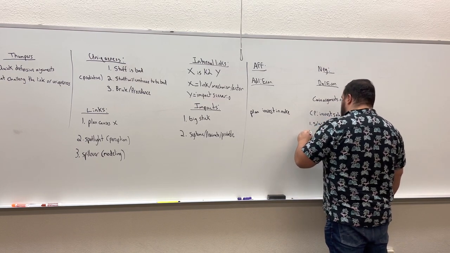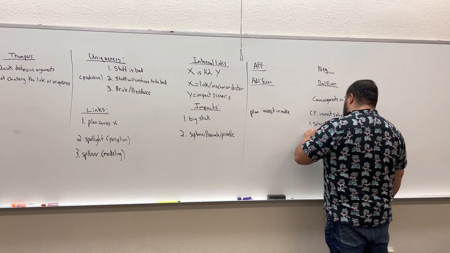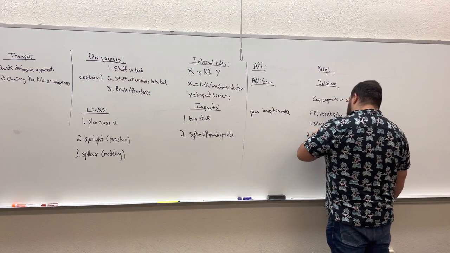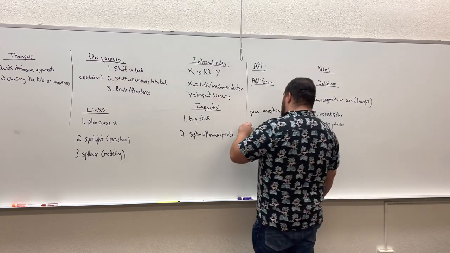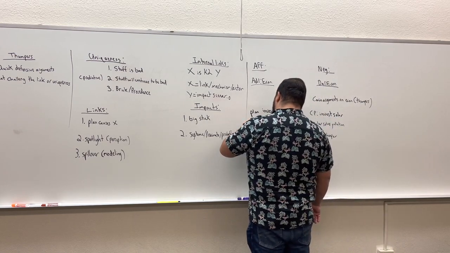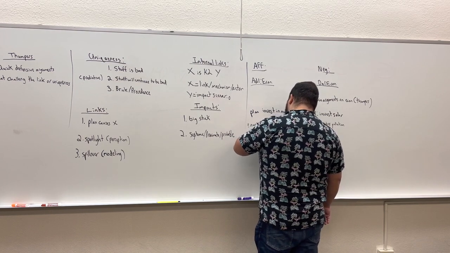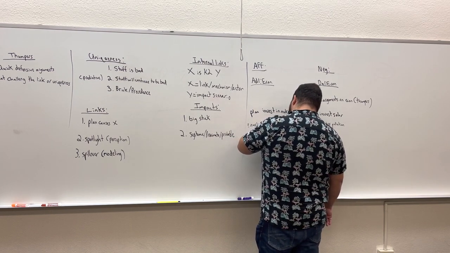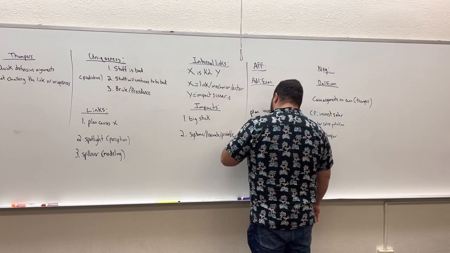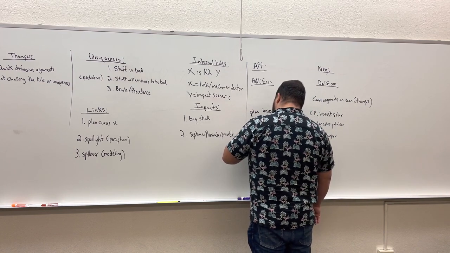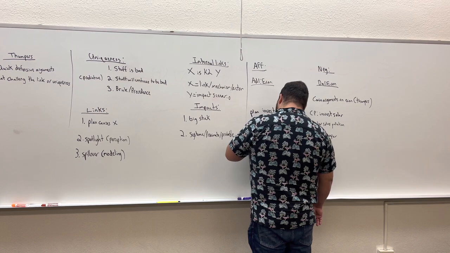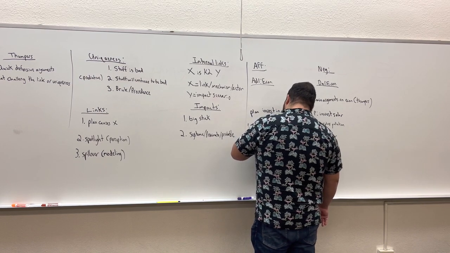The second argument is solar is cheaper. And our arguments for nuclear are: 1, nuclear solves pollution. 2, nuclear is not intermittent.